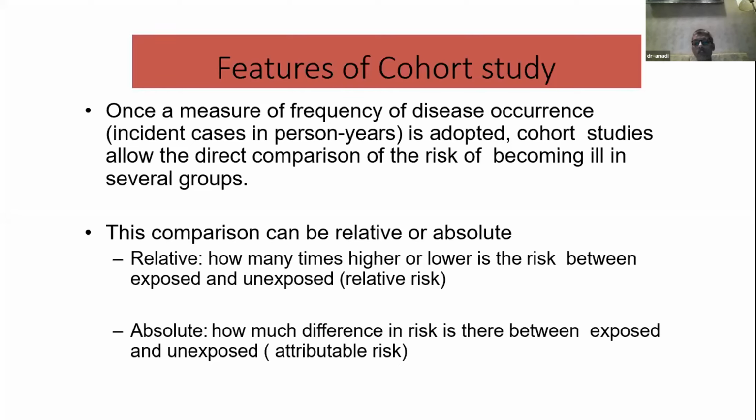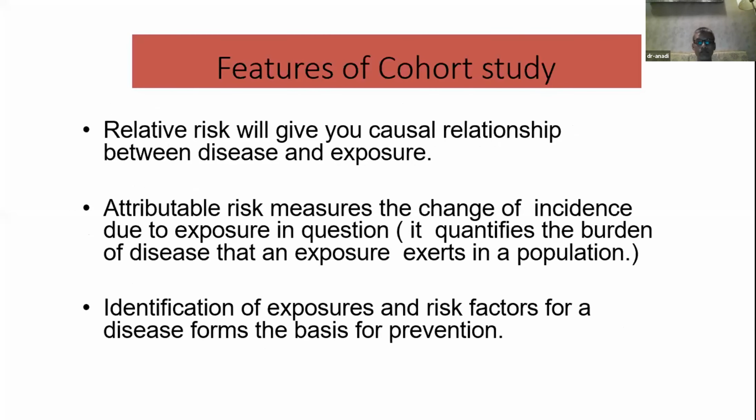Absolute is how much difference in risk there is between exposed and unexposed, that is attributable risk. So relative risk will give you the causal relationship between the disease and exposure, and attributable risk measures the change of incidence due to the exposure in question. It actually quantifies the burden of disease that the exposure exerts in a population.